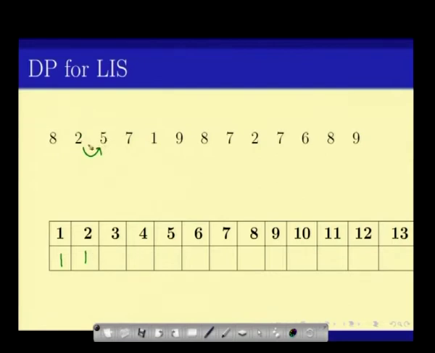So, in this case LIS at 2 is just 2 because it uses this one, and LIS of 5, that means I get here 2, and similarly for 3 I will get LIS of 5 plus 1, which is 3, and so on.